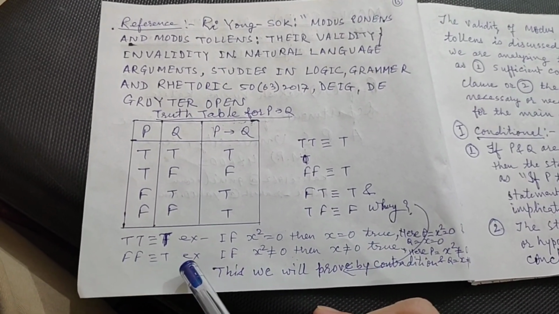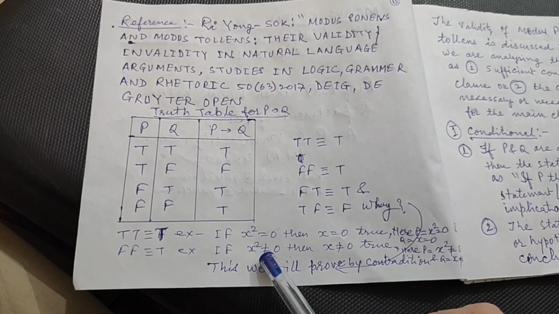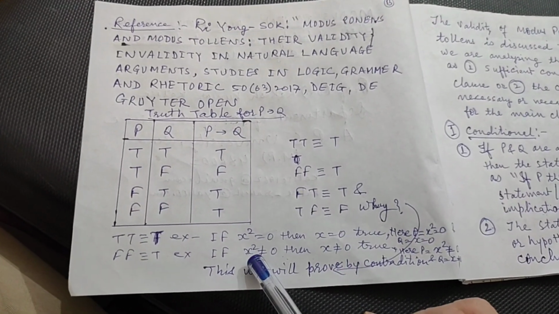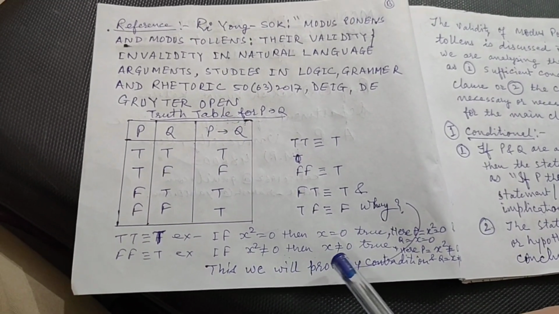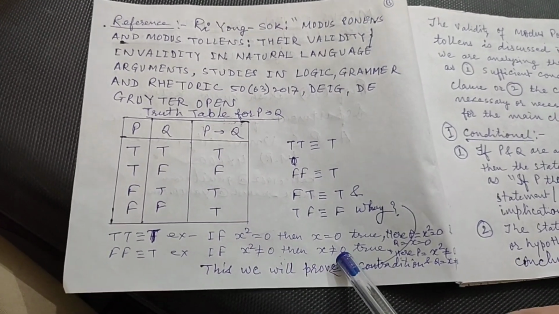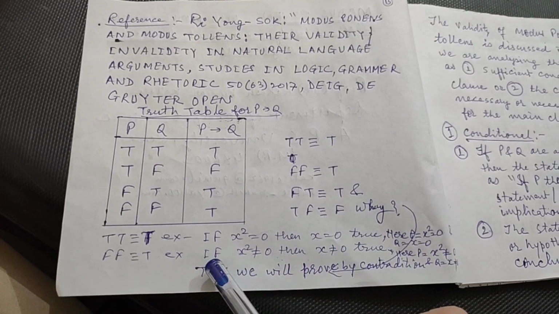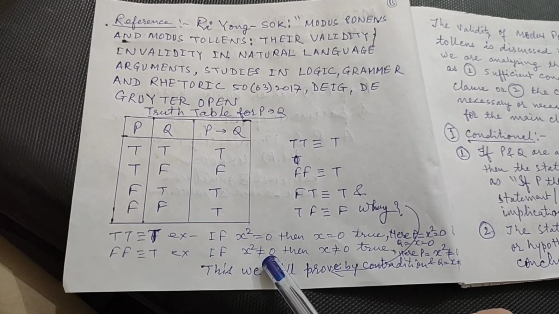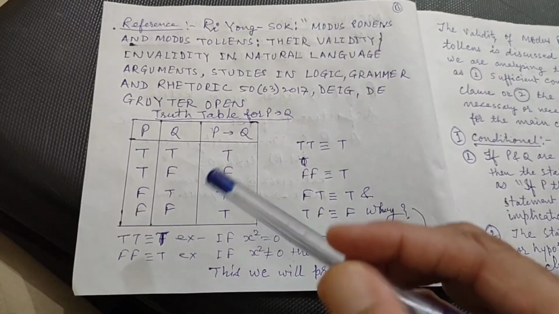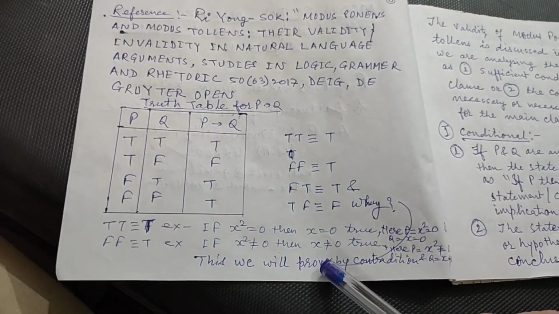FF is equal to T. If x square is not equal to 0, then x is not equal to 0. Here P is x square is not equal to 0 and Q is x is not equal to 0, so the statement is true. So these two things I have already proved here.